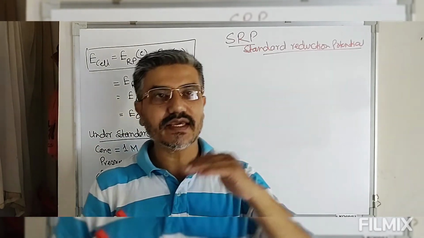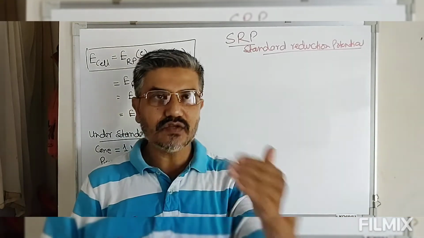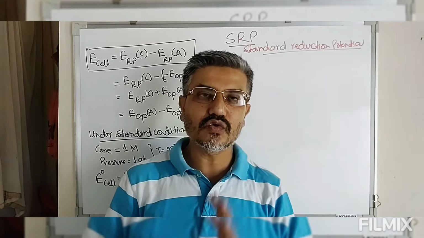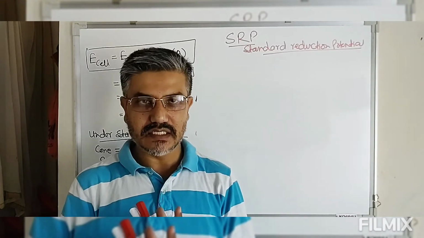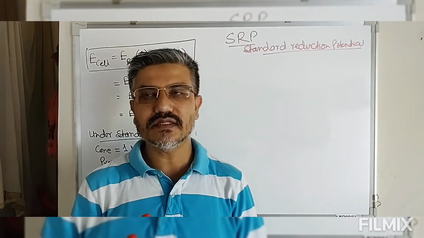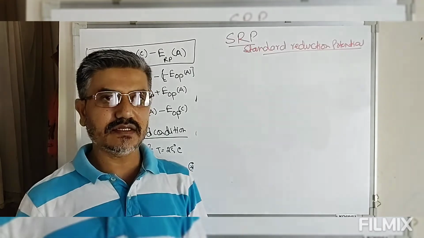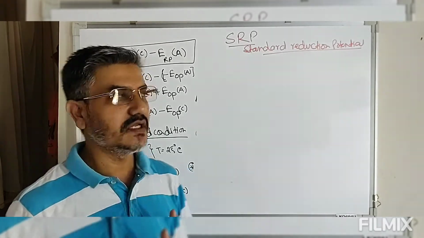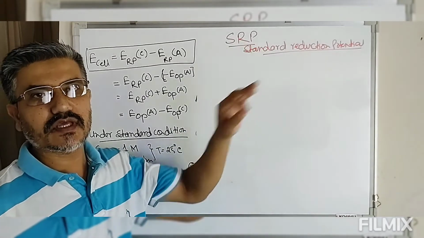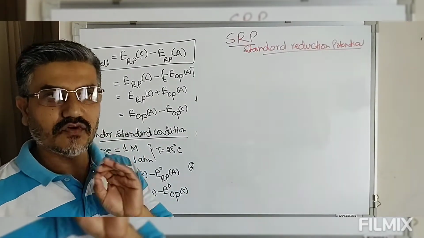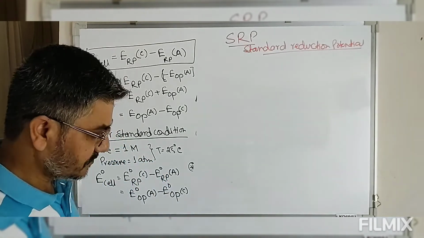For this we need to take a reference half cell whose reduction potential values are known to us. Once we have this cell, we can easily define the cell potential. From the cell potential we can measure the standard reduction potential of the unknown half cell. So the standard reduction potential of a single electrode cannot be measured alone. For this we need to take a standard reference electrode.